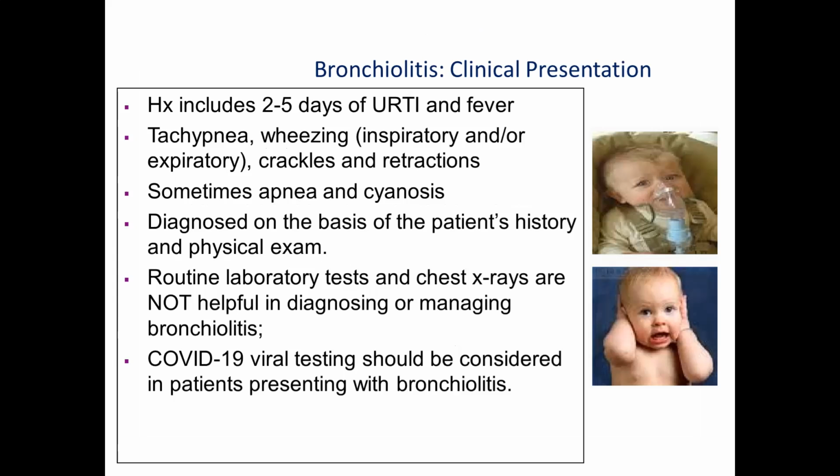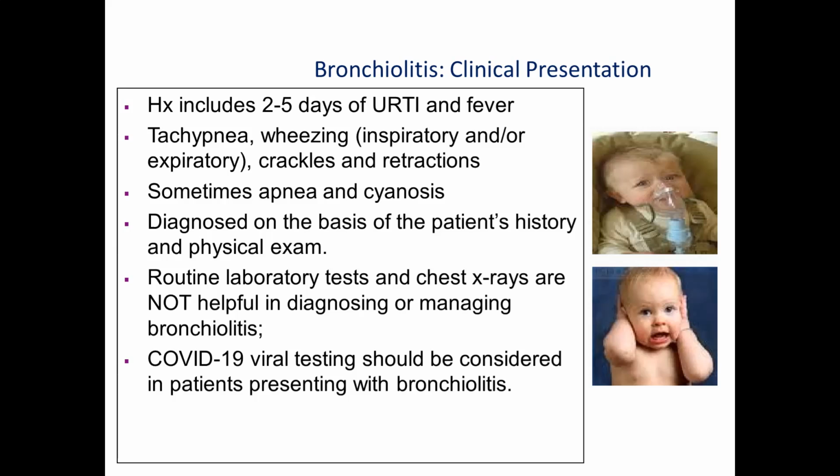So in terms of the clinical presentation, it includes a couple of days' history of upper respiratory tract infection and fever, tachypnea, wheezing. Also, there could be inspiratory and expiratory wheezing, crackles, retractions, sometimes apnea and cyanosis.